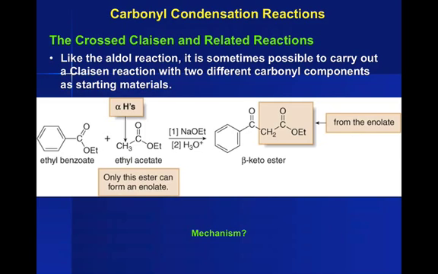How could we avoid that 5% byproduct that Gabby found? What could we do to get this product as 100%? In other words, what's the problem with it as it's written? Sodium ethoxide only generates how much enolate?